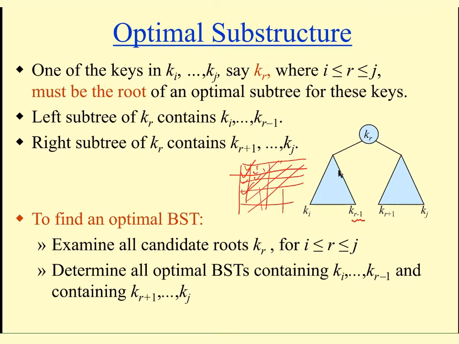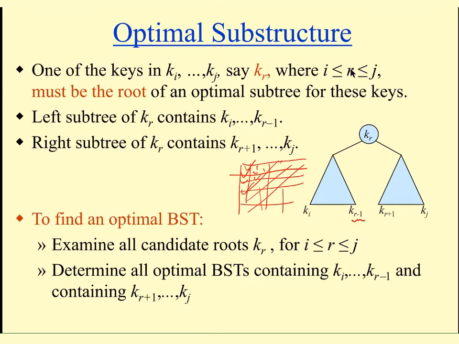Okay. So to find the optimal BST, binary search tree, we examine all candidate roots kr. So this is the algorithm, that means the steps. So we assume, for example, this sequence from ki to kj, so we first select a root.